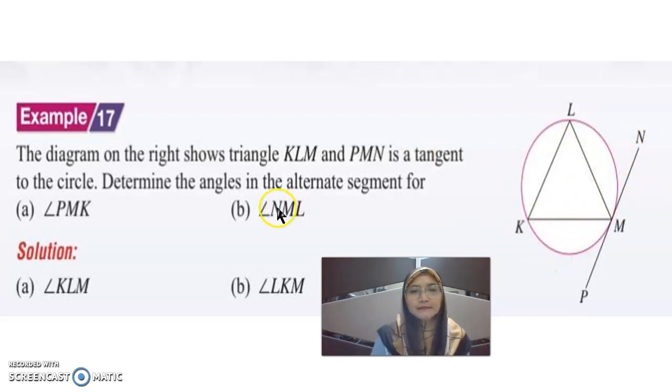Determine the angles in the alternate segment for angle PMK and angle NML. The angle PMK is equal to angle KLM, whereas angle NML is equal to angle LKM.